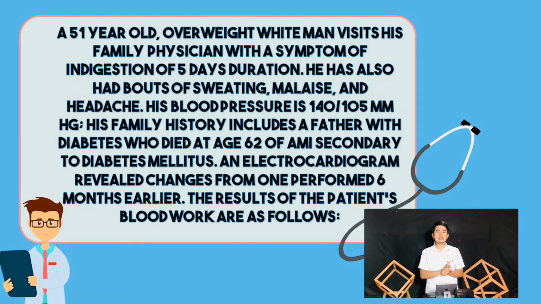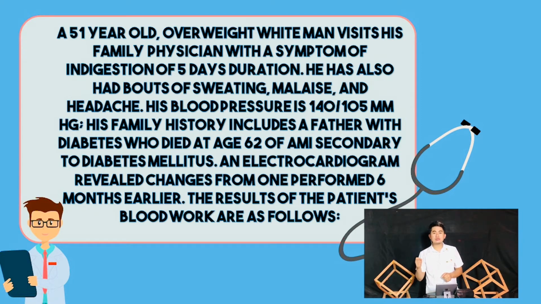His family history includes a father with diabetes who died at the age of 62 of acute myocardial infarction secondary to DM, or diabetes mellitus. An electrocardiogram revealed changes from 1 to 6 months earlier.